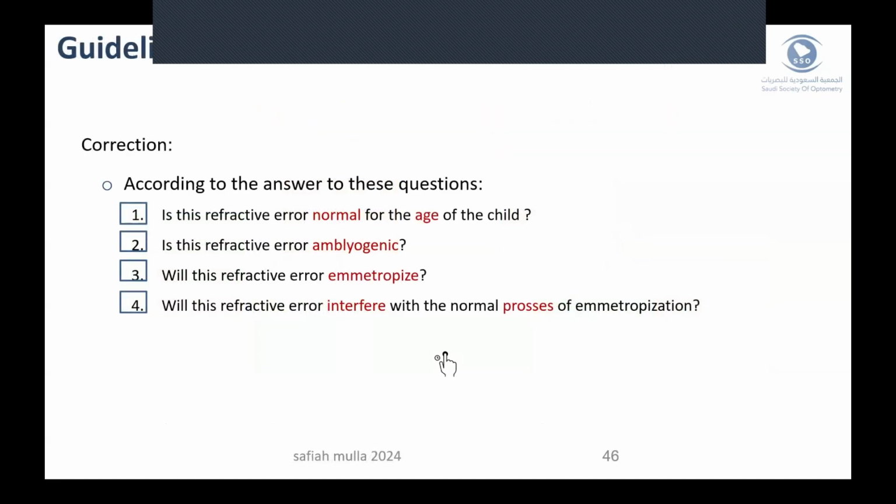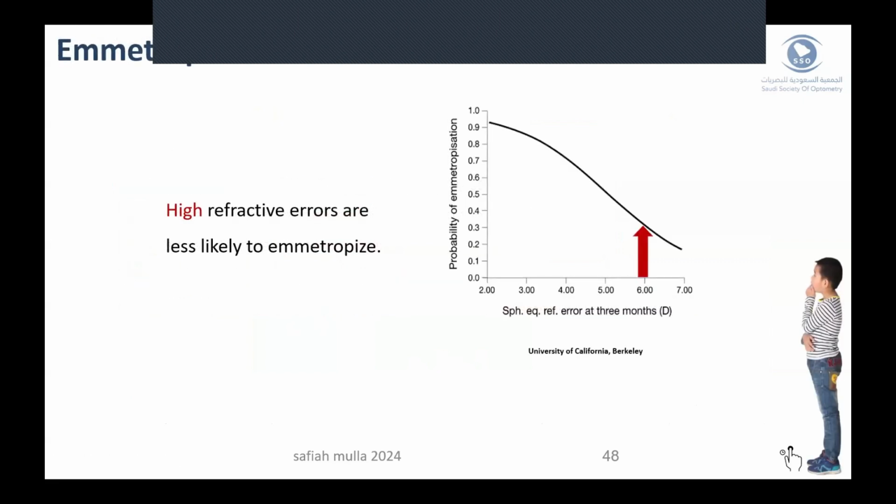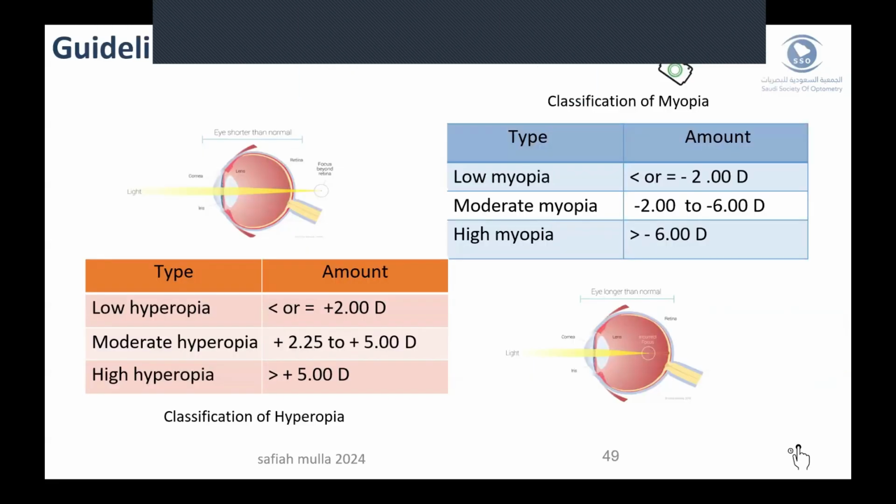The other question that you should ask yourself: will this refractive error emmetropize? Is it in the emmetropization process and will it emmetropize with time so that I will not interfere? The studies said that high refractive errors are less likely to emmetropize.